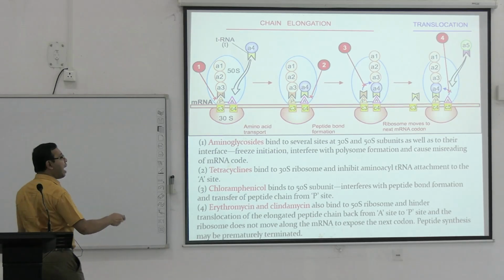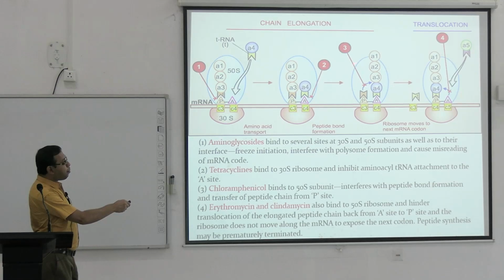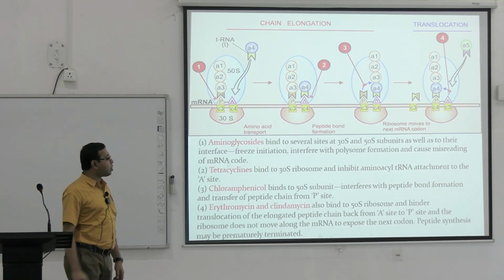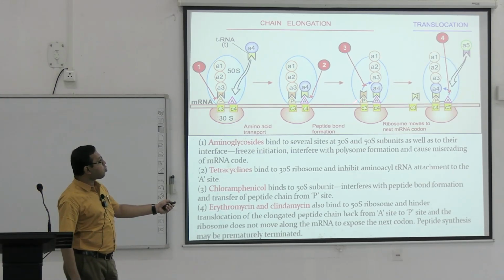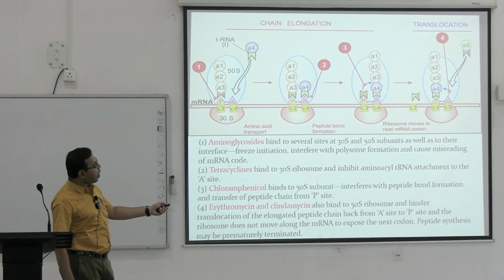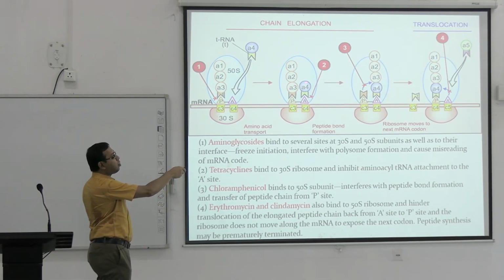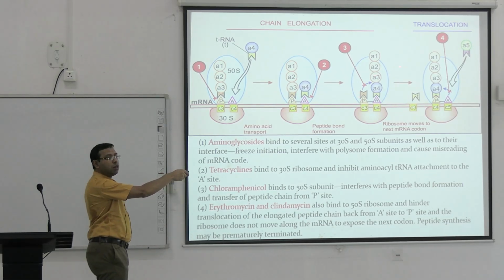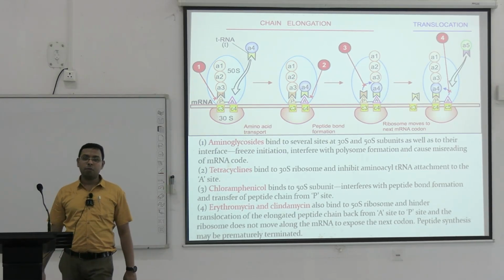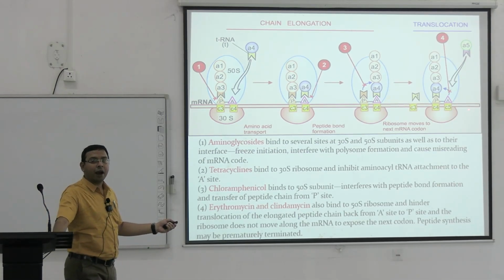And chloramphenicol is another broad spectrum antimicrobial agent. It blocks the transfer of the peptide chain from the peptidyl site to the acceptor site. So this is clear. And then there comes clindamycin and other macrolides.